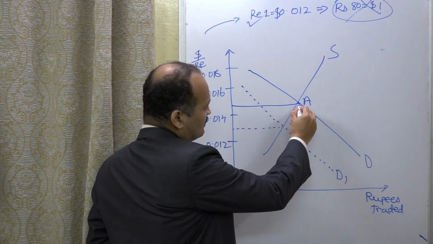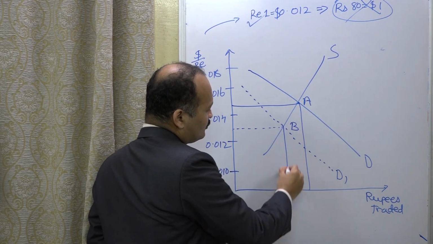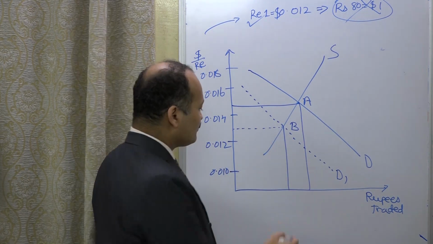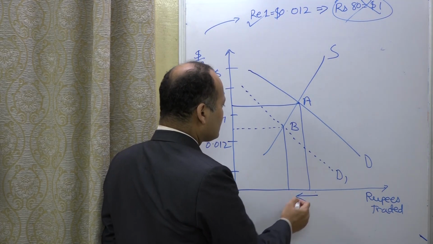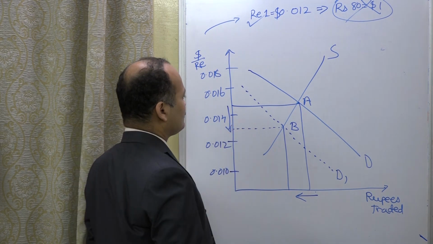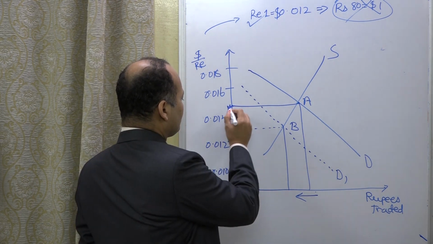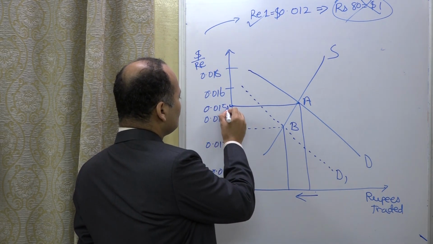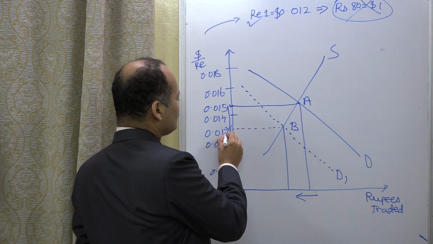Now it is also telling us that the rupee traded volume has declined and the exchange rate has depreciated, say from 0.015 to 0.013.